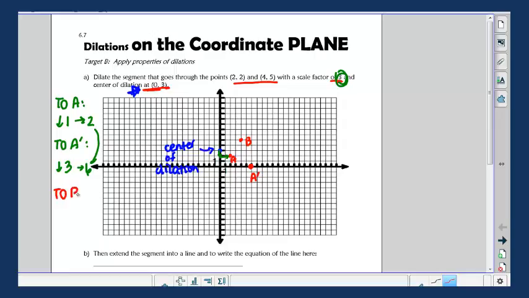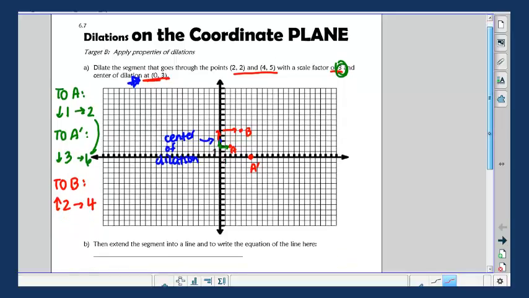We'll do the same thing for B. To get to the original point B from my center of dilation, I have to go up 2 and to the right 4. In order to get to B prime, the dilated point, I have to triple all of those.